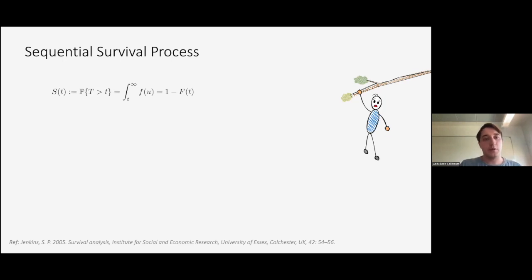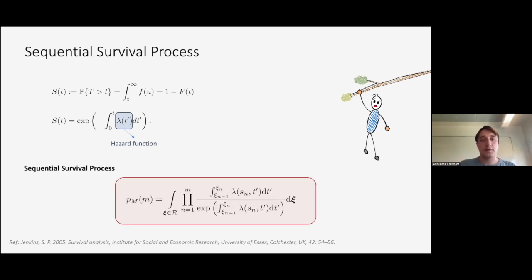So for our model, we will use this survival analysis. I'm not diving into too much detail about survival analysis, but we know that survival functions can be reparameterized by using the hazard function, lambda of t prime. As I mentioned, we use sequential survival functions to model the edge period, non-edge period, and edge period, and non-edge periods of each node pair.